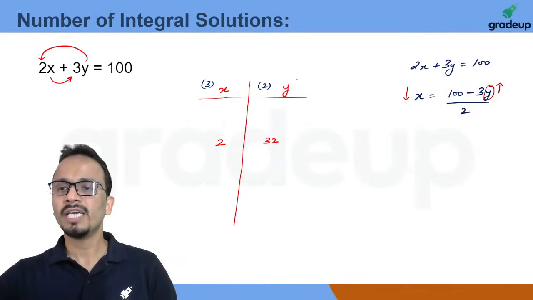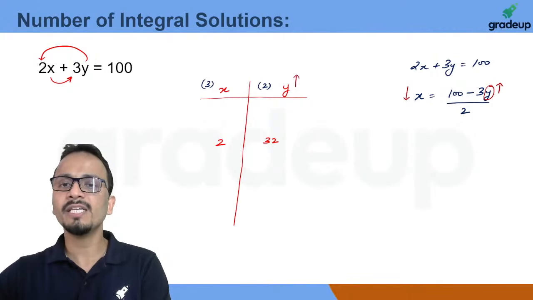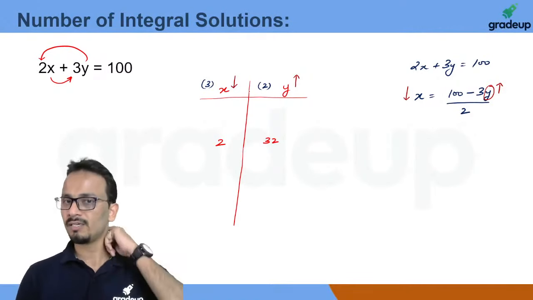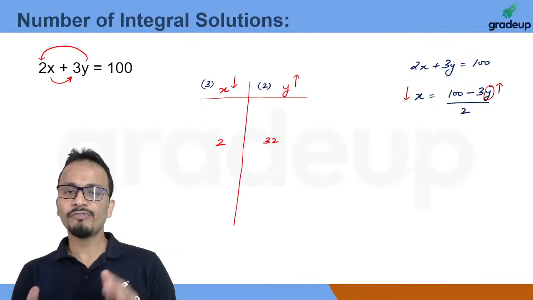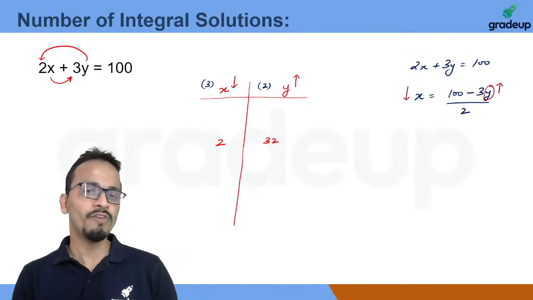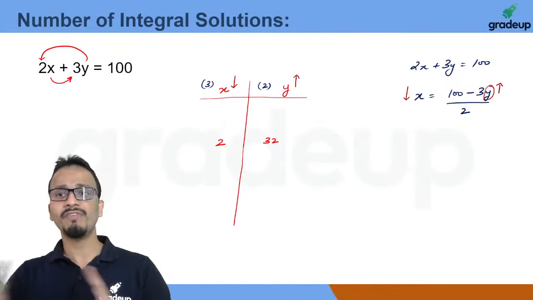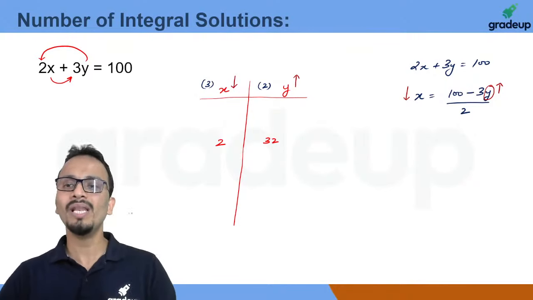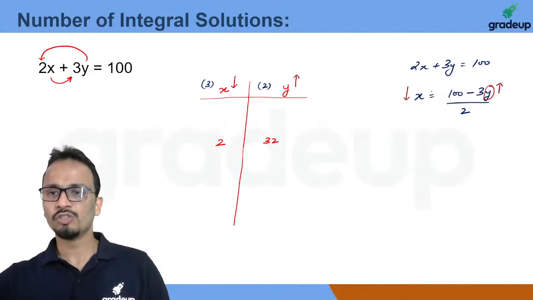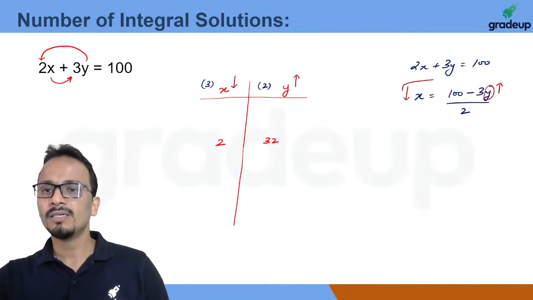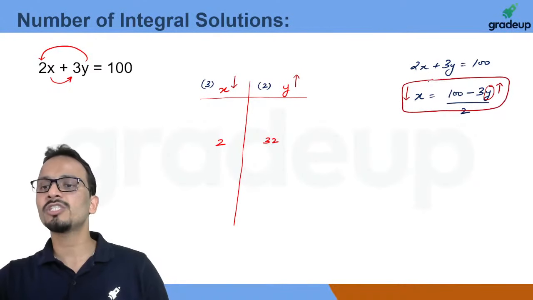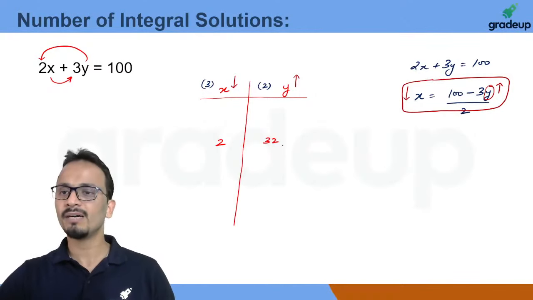That means if the value of y is increased, the value of x will decrease and vice versa. So if you increase the value of one of the variables, the value of the other variable will decrease. This can be understood by just writing the value of x in terms of y.